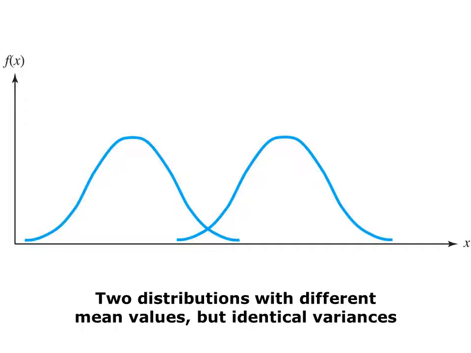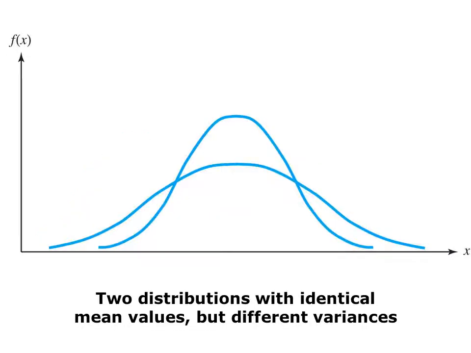I wanted to illustrate some of these issues. Here are two distributions with different means but identical variances. So you see the spread's the same in both curves, but one has a distinctly higher mean than the other. Here are two distributions that have identical mean but very different variances.